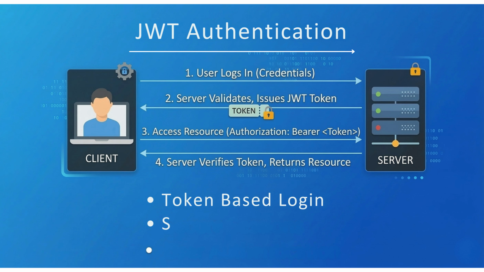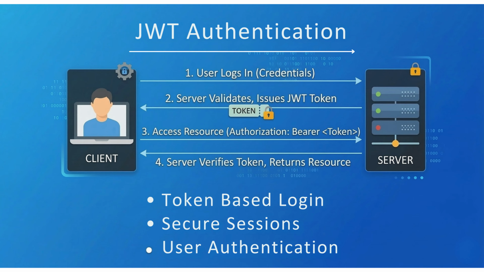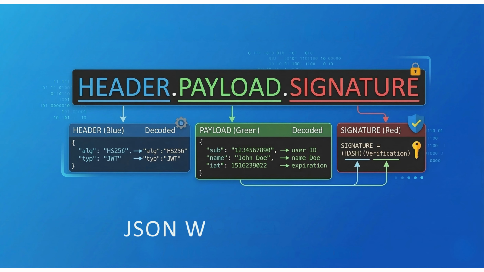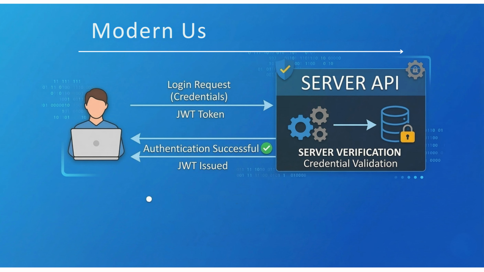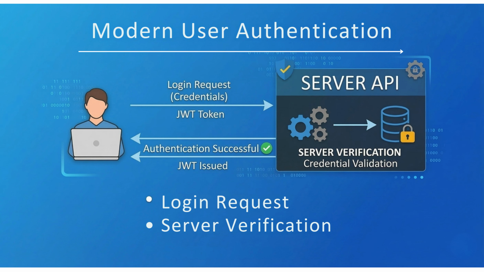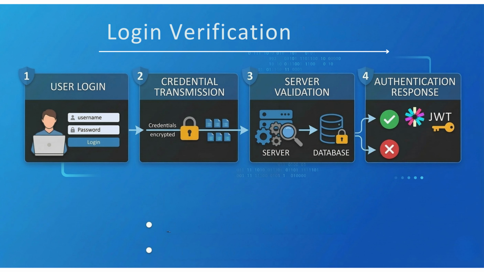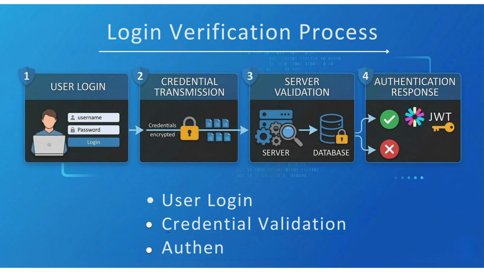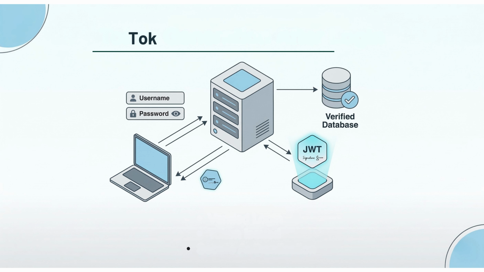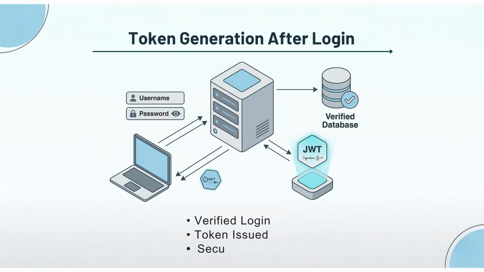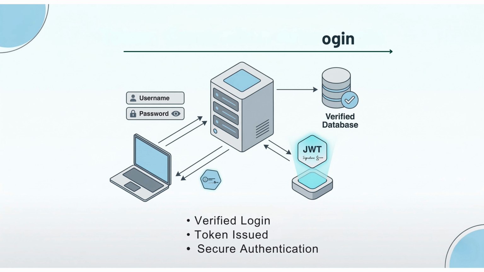JWT Authentication. Next, let's understand JWT Authentication. JWT stands for JSON Web Token. It is a widely used method for authenticating users in modern applications. When a user logs in, the server verifies the login credentials. If the credentials are valid, the server generates a token and sends it to the client.